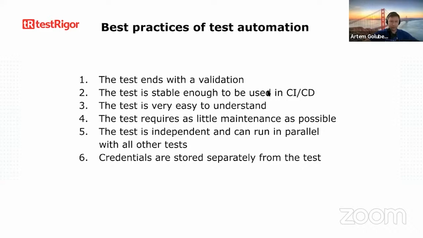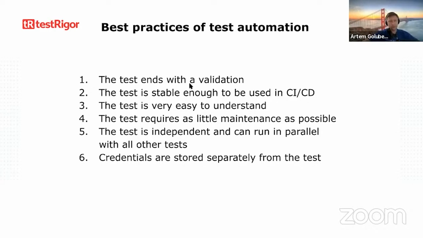A test usually should end with validation at the end, because think about it, if your test ended with clicking somewhere, you actually do not know if the last click succeeded or not. So this is why people usually add validation at the end, validating, hey, I clicked on something, but did this click actually work?